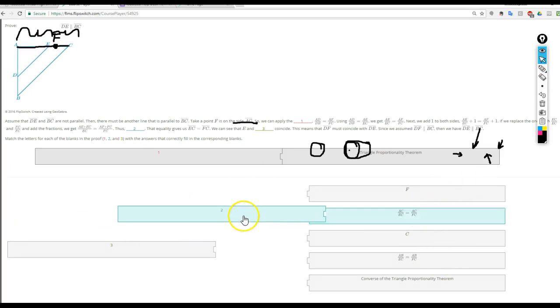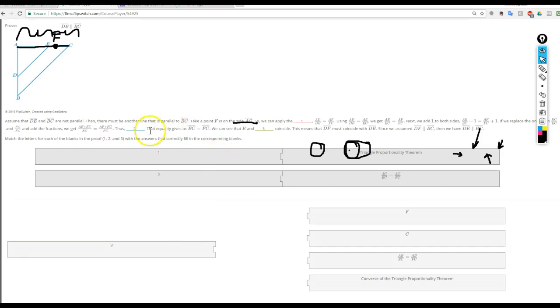So in step 2, it's AC divided by EC is equal to AC divided by FC. That equality gives us that segment EC is equal to segment FC. That is because AC is in our numerator on both sides of our equality. So, for example, if AC was equal to the length of 1, I would have 1 over something.